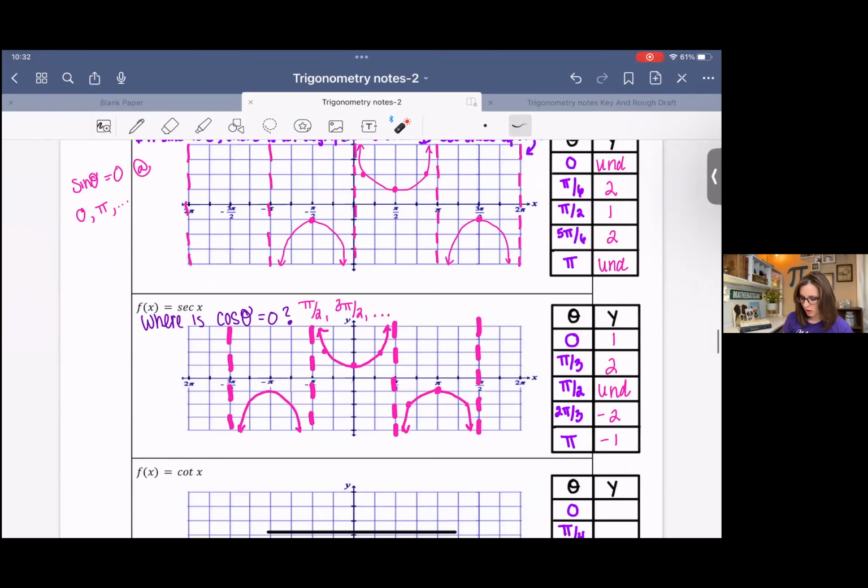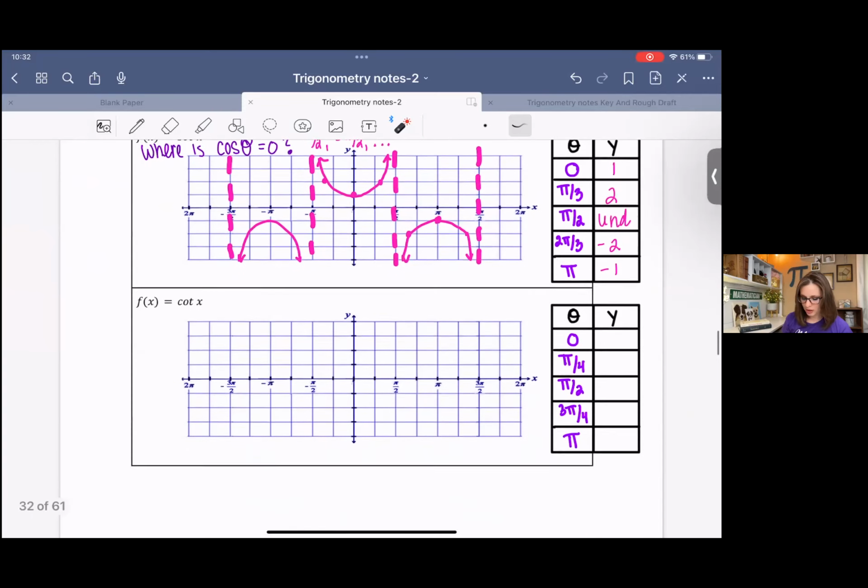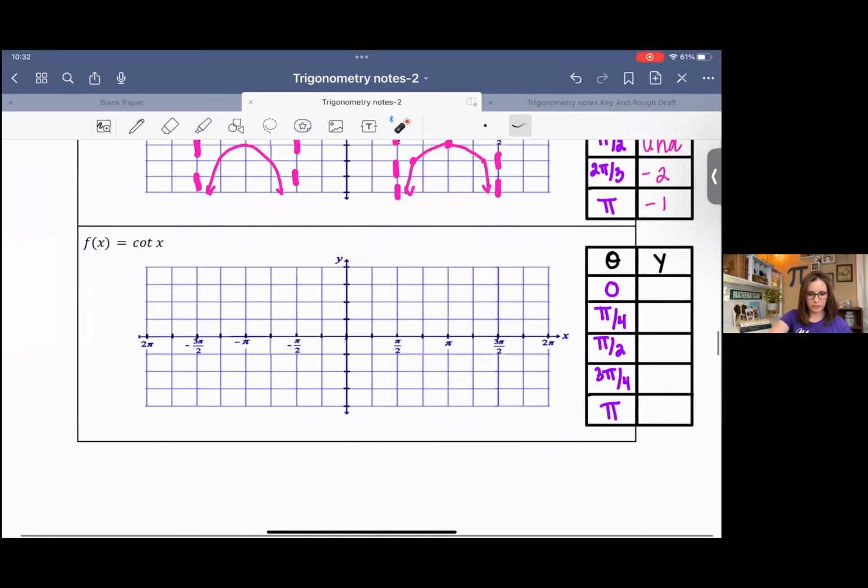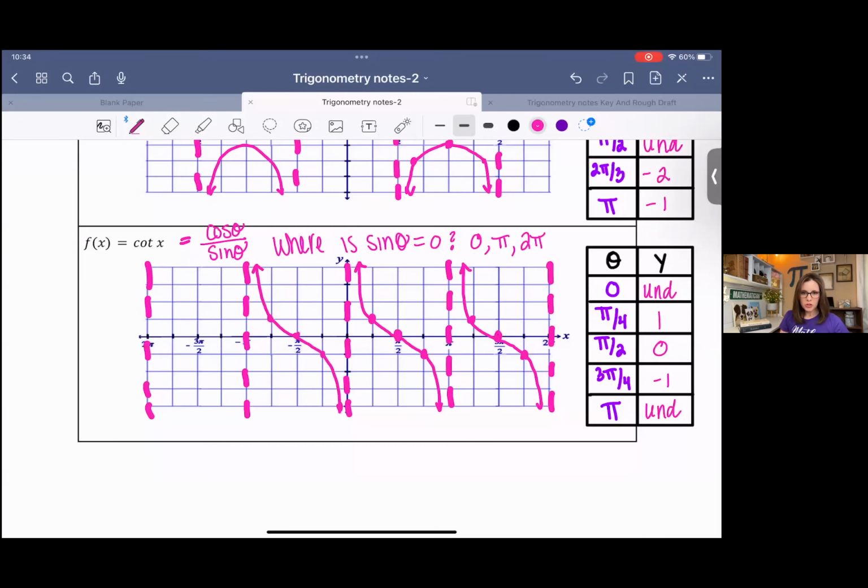So now let's do cotangent. Pause it, try it, come back. On these, you might be tempted, when you're plotting your points, to draw a straight line through the points because based on the scale of my graph, it kind of does look like it would be. But if we consider the asymptotes, cotangent is either 1 over tangent or cosine over sine. I went with cosine over sine just because I felt like that would be easier for me.